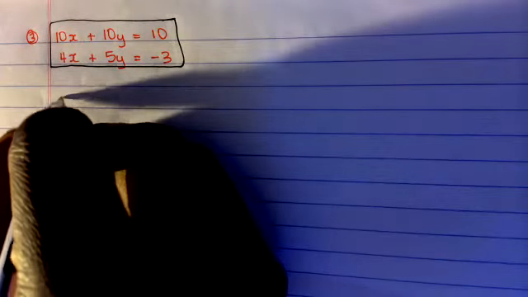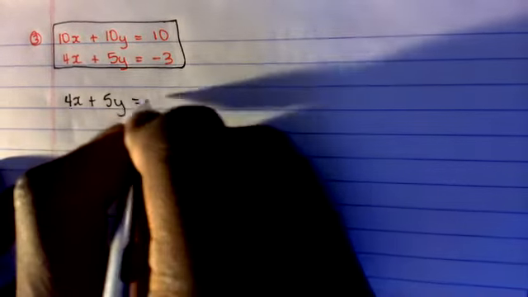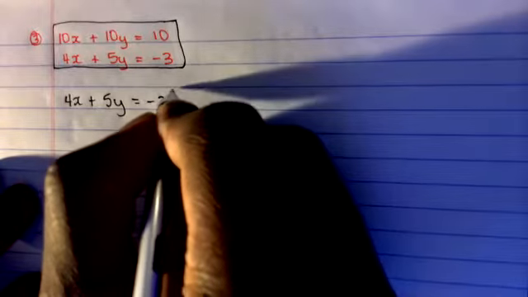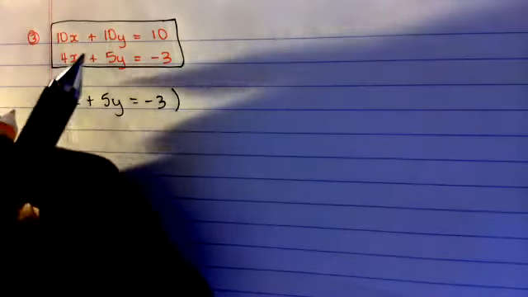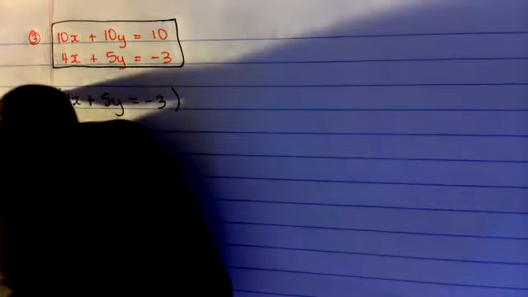What I have is 4x plus 5y equals -3, and I know I'm going to have to change this equation up a little bit. So I'm going to multiply this equation by -2.